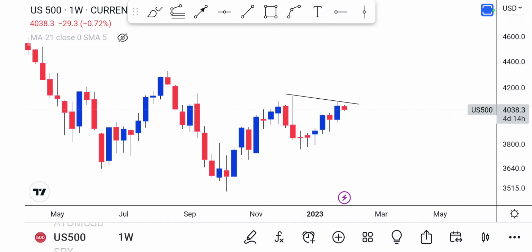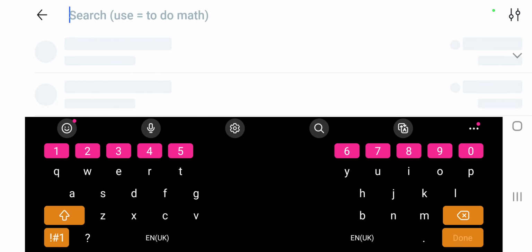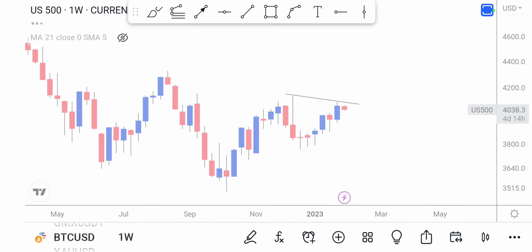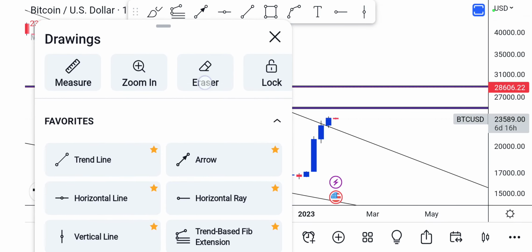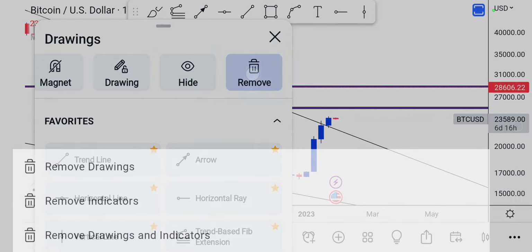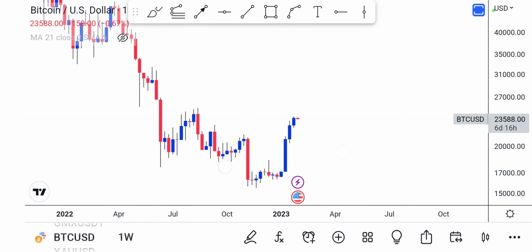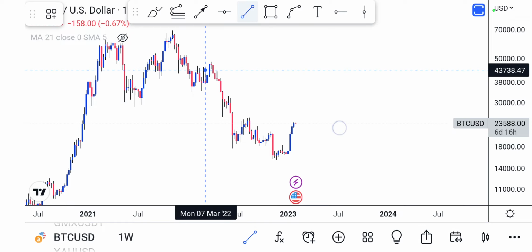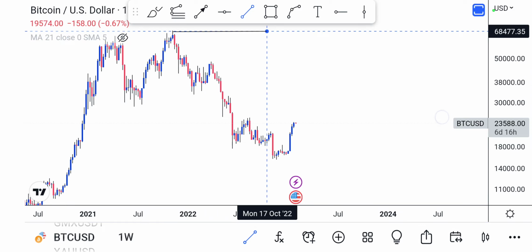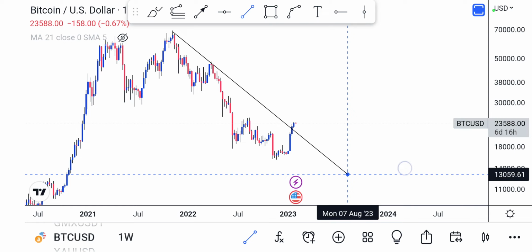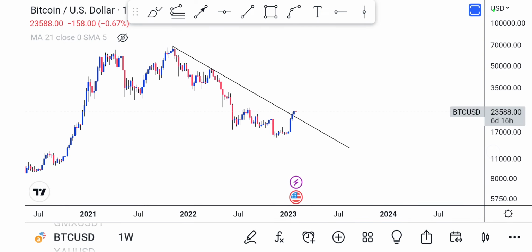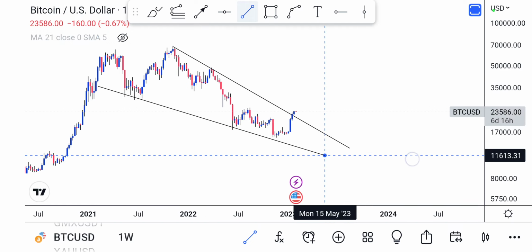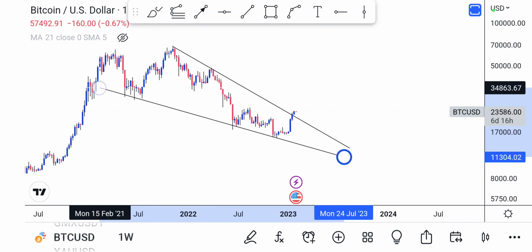I want to focus more on BTC because BTC has really jumped really fast, and we need to see what we should do next. So I'm going to remove this and start all over again. As usual, I use the weekly time frame to start this whole move. Then we'll look at the down sloping support here as well.